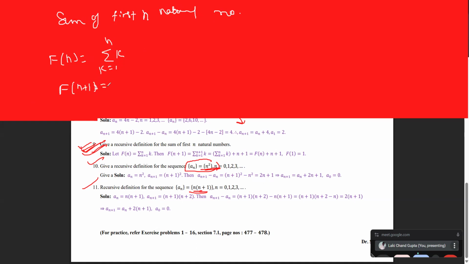What is the ninth? The sum of the first n natural numbers. Let's suppose this is denoted by f of n. The sum of n natural numbers starts from k to n. Right? Replace n with n plus 1. So here you can write what? n plus 1.